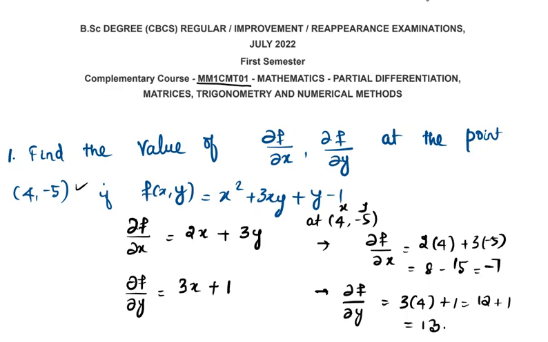So let us write our answer. Here our answer will be dou f by dou x is equal to minus 7 and dou f by dou y will be equal to 13. I hope you understood the first question.